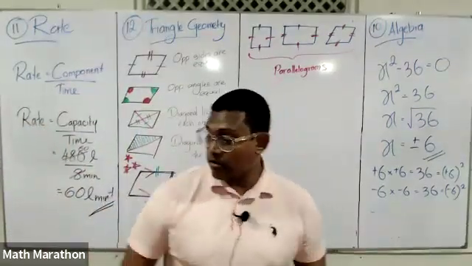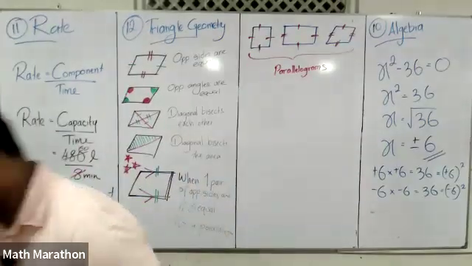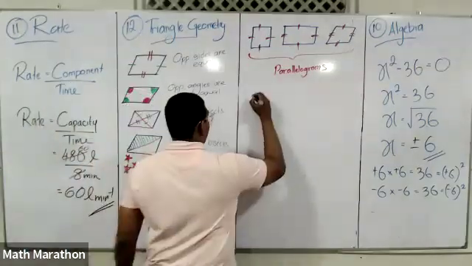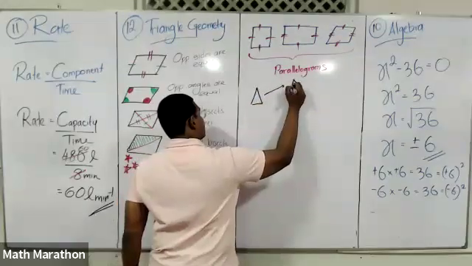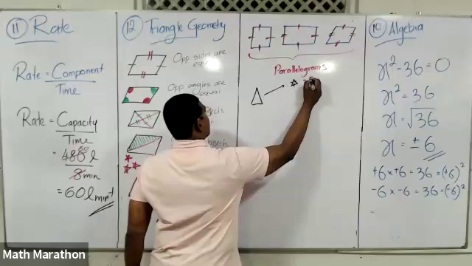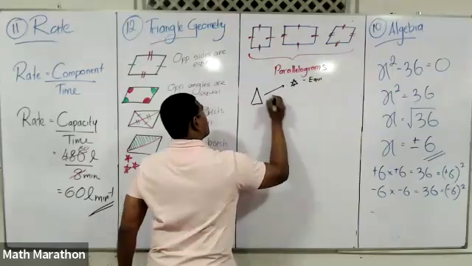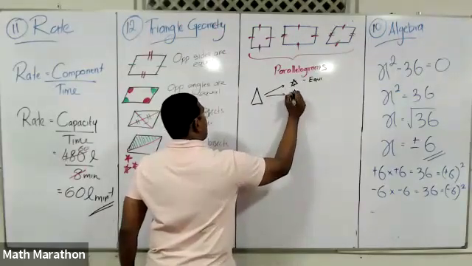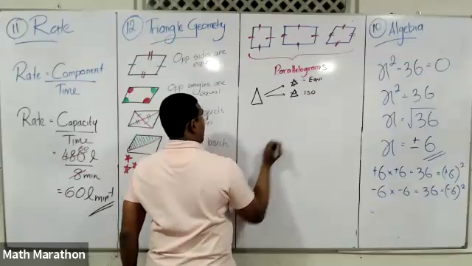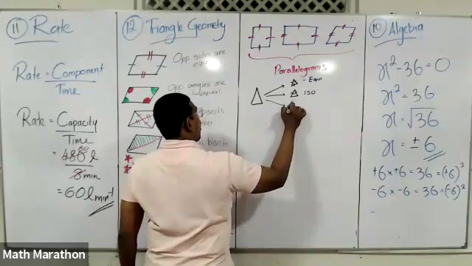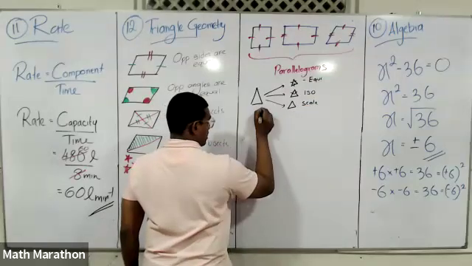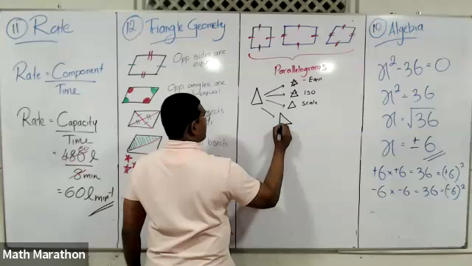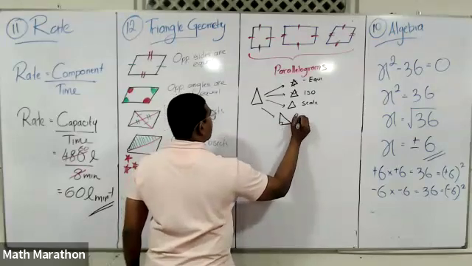When we talk about triangles, what do we do? If I take triangles, if all 3 sides are equal, it's an equilateral triangle. If only 2 sides are equal, I call it an isosceles triangle. If all the sides are different, I call it a scalene triangle. If the angle is 90 degrees, I call it a right angle triangle.